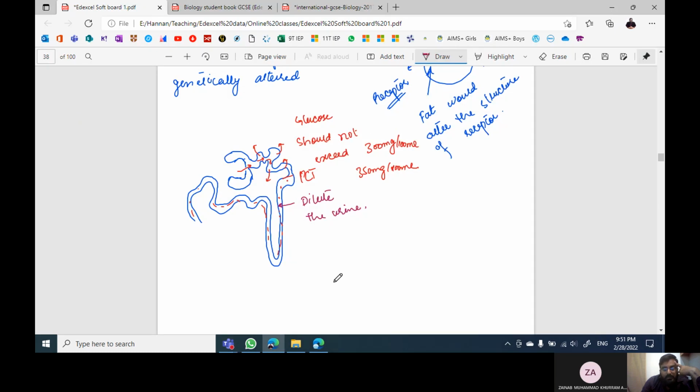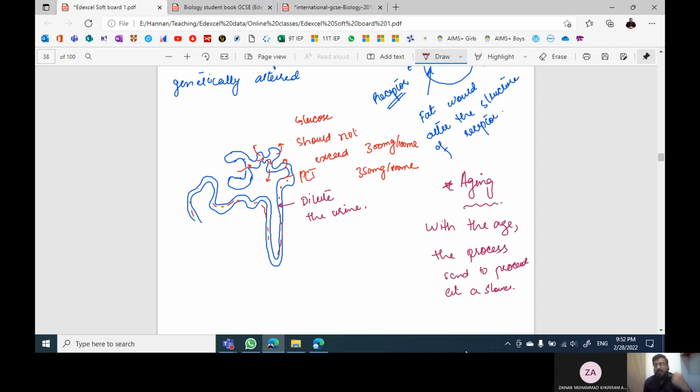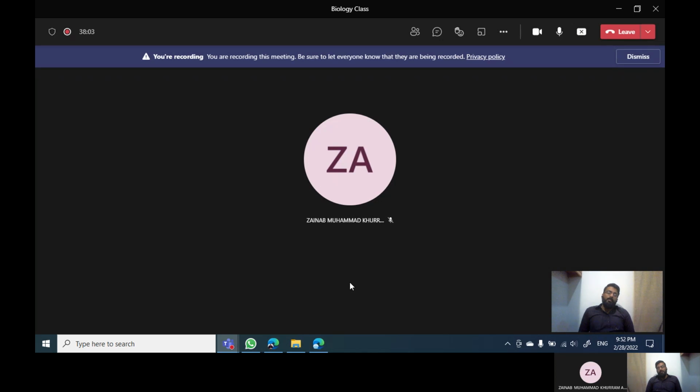Oh, okay. There is another reason I forgot to tell you. A very important reason is aging. With the proceeding age, the processes tend to proceed at a slower rate. So it is an obvious consequence of aging that we may have an extra amount of glucose in blood, because the processes of our body are declining.